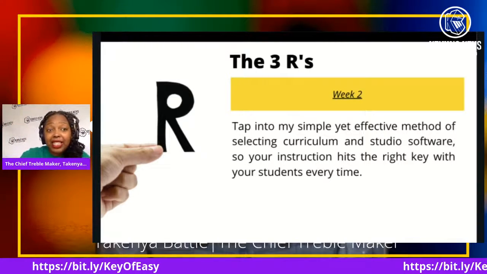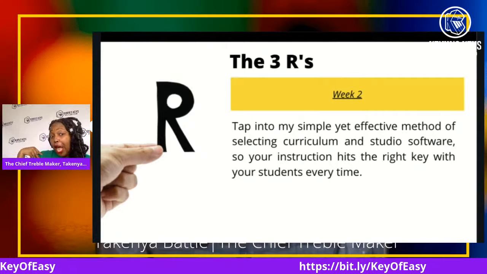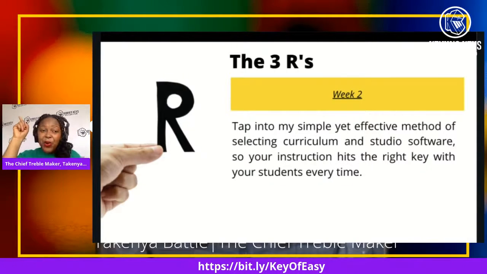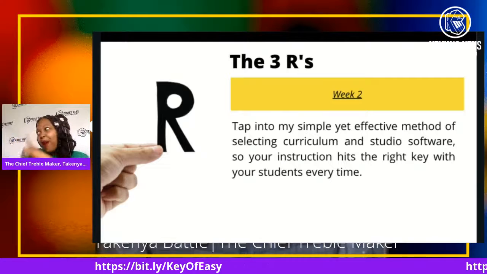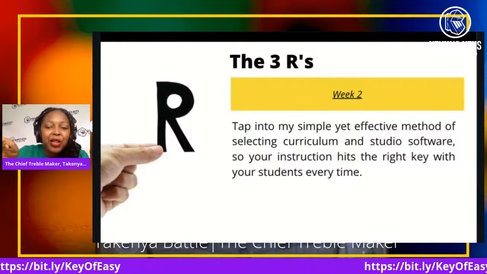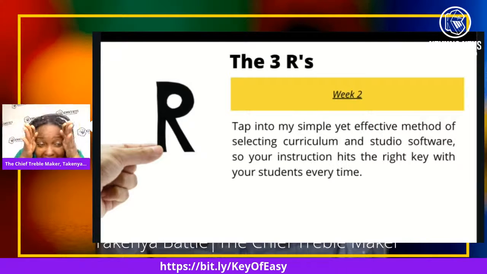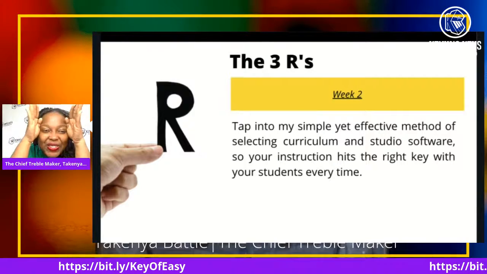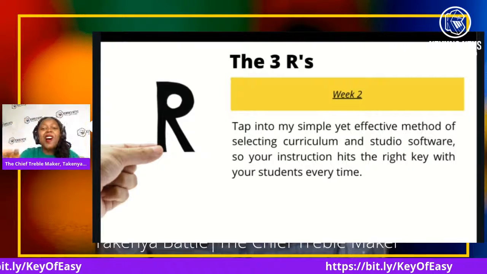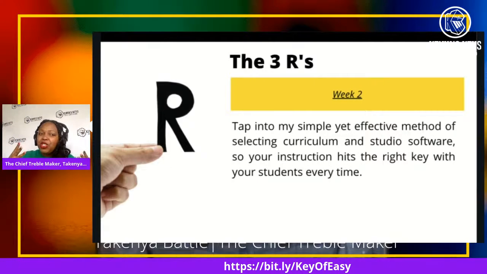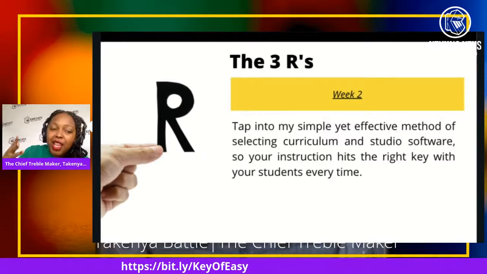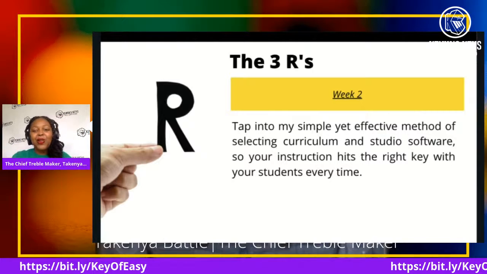Now, if you use just these 3 principles from the 3 R's, you'll eliminate a bunch of that shiny object syndrome that I know people like us tend to have. I'm like, oh, look at that. Oh, a butterfly. Ooh, this is something cool. The 3 R's help to eliminate that and get you super focused on what you ought to be looking at. You've got to find out what those 3 R's are by joining the Music Teacher Tech course.